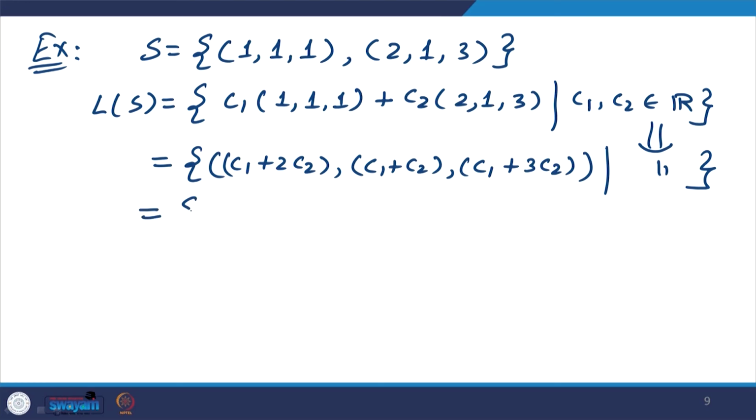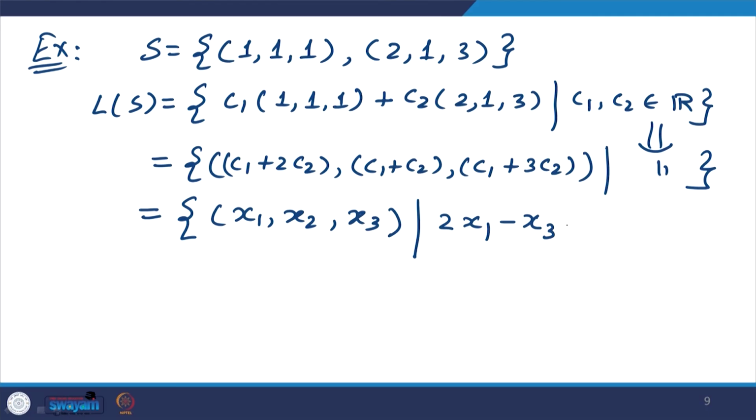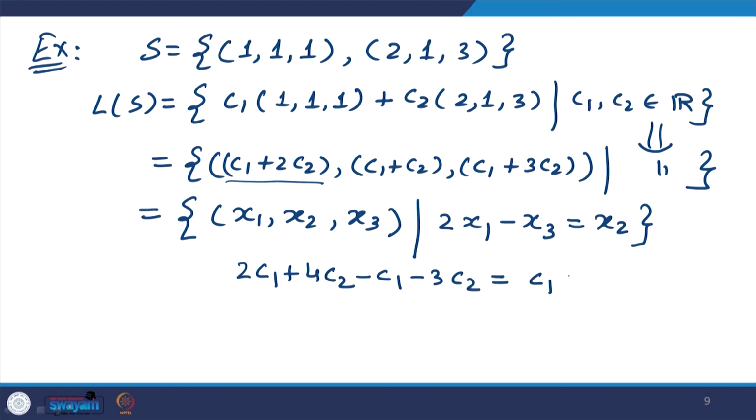So, what is this? How can I represent this set? I can represent this set as (x1, x2, x3) such that twice of x1 minus x3 equals x2, because if you take 2 times of this, it will become 2 C1 plus 4 C2, minus x3, so minus C1 minus 3 C2, it comes out to be C1 plus C2, which is x2 only.